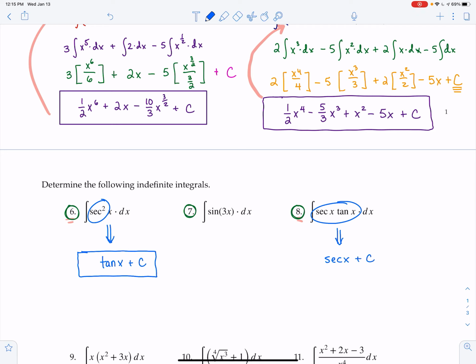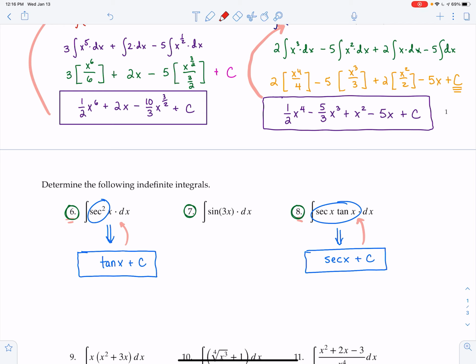If I took the derivative of this function, doesn't matter what the constant is, I would always come back here. And so some of those we do just by inspection. There's not really any work to show here. And when they're straightforward like that, that's awesome.